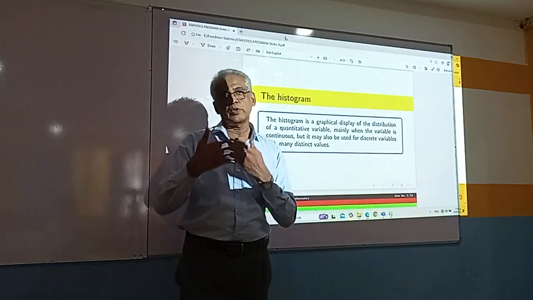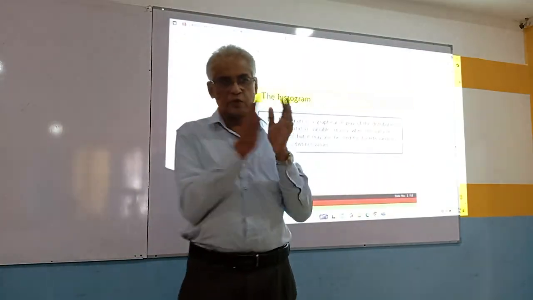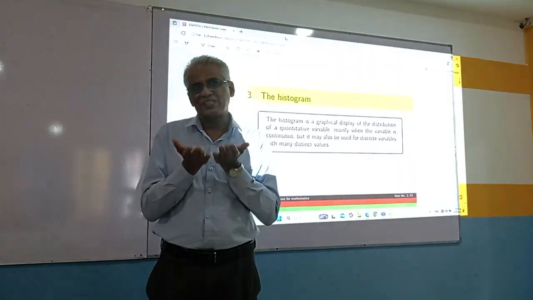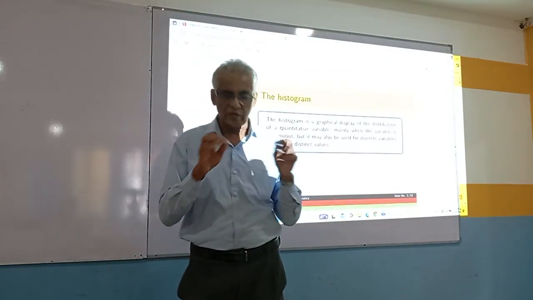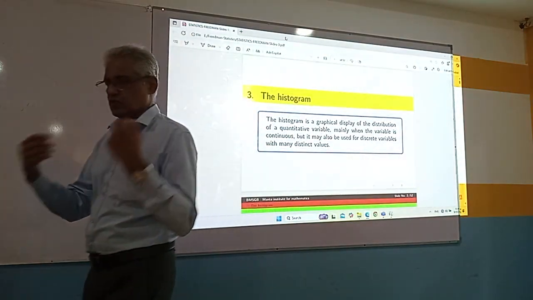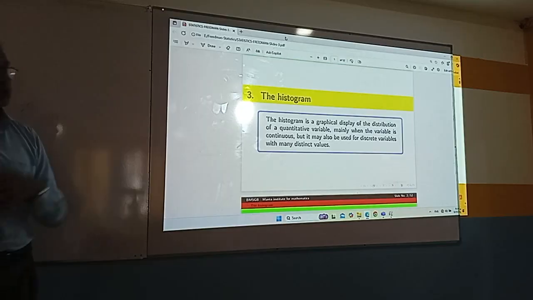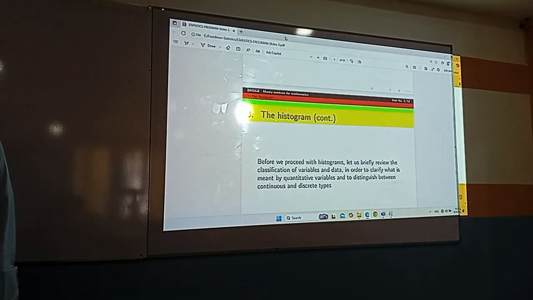In that case, when you are calculating the proportion, you are dividing by a large number, and therefore the possible values are going to be very close to each other. So even though theoretically that variable is discrete, sometimes we consider it approximately as a continuous variable. In that kind of situation also, we can use histogram to show the distribution as a graph.